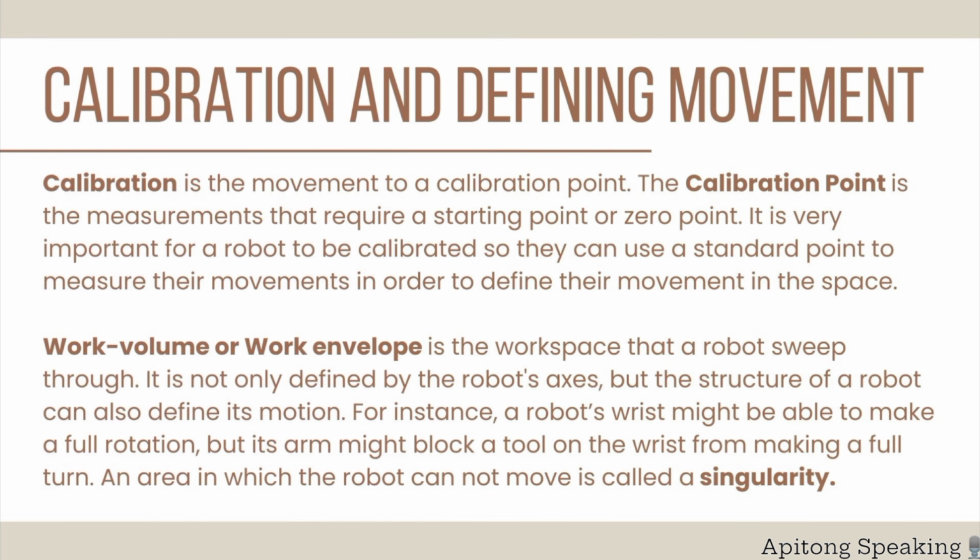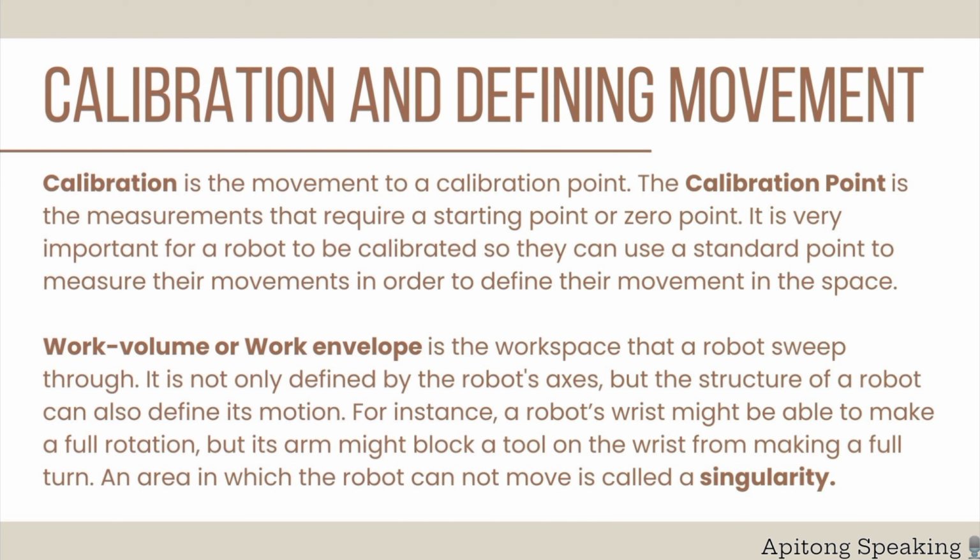In this slide, we have the calibration term, which means it is the movement to a calibration point. And the calibration point is a measurement that requires a starting point or 0 point.